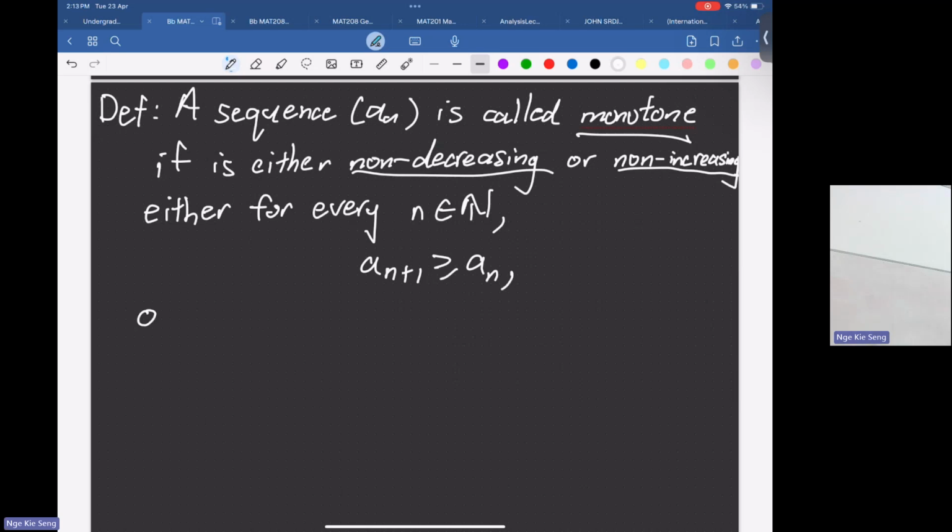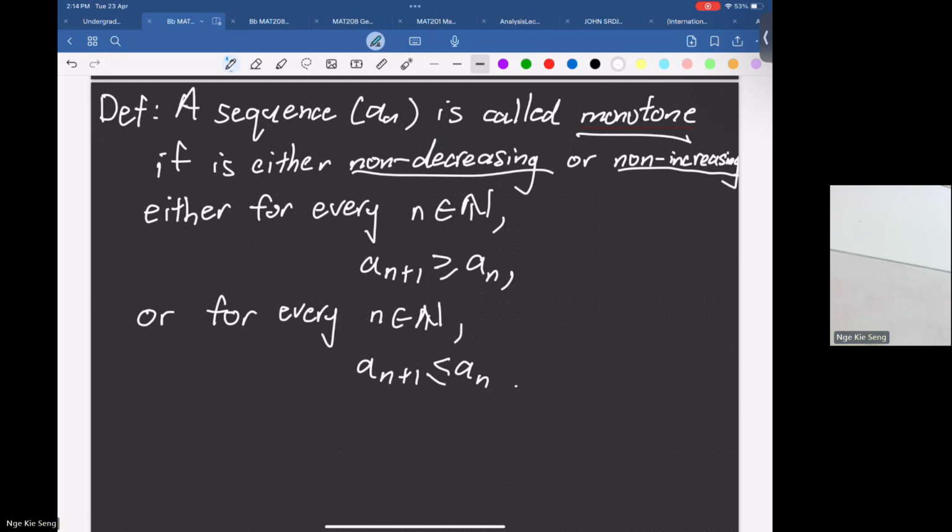But on the other hand, non-increasing means it is decreasing. So what does it mean by decreasing? AN plus 1 has to be less than or equal to AN. Okay, so you're comparing the term with the next term.